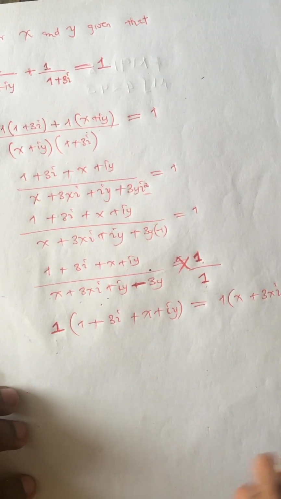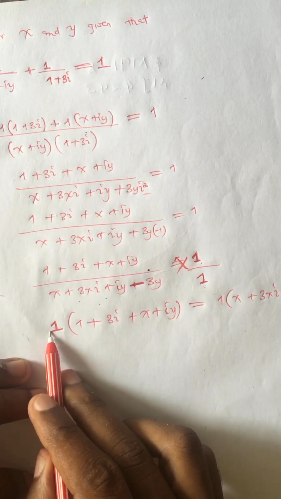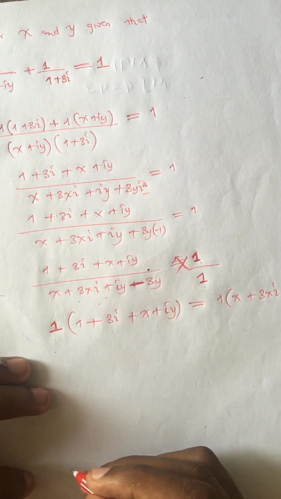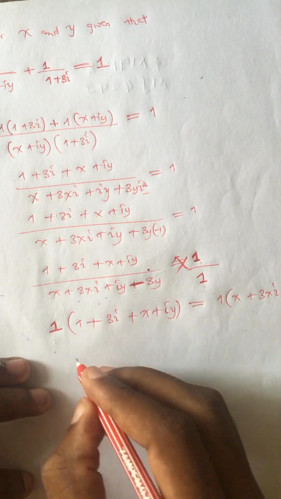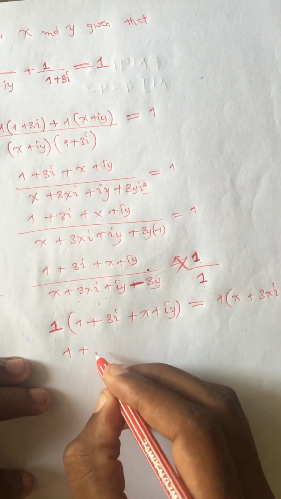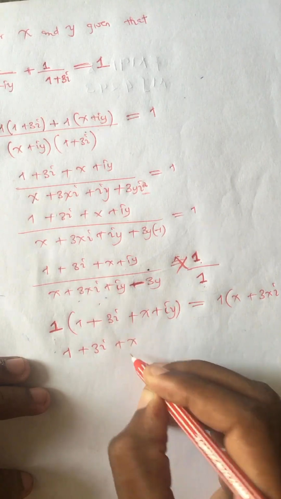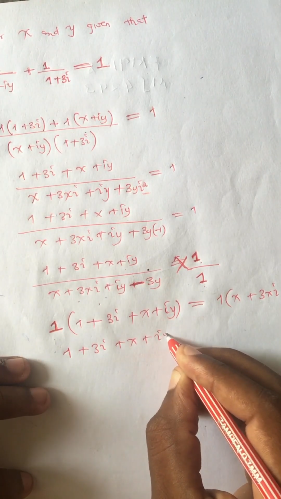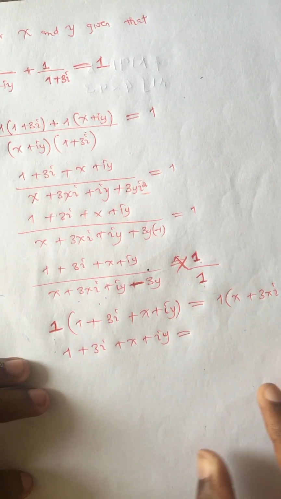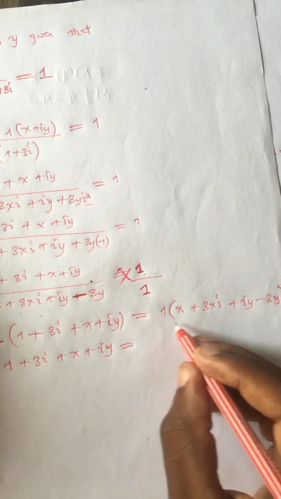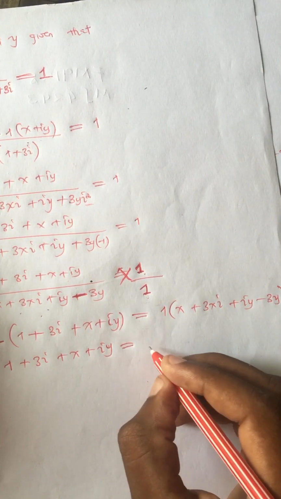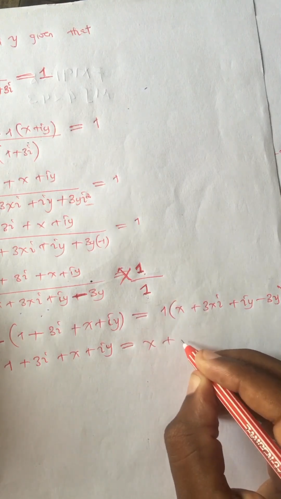Okay, then now you multiply 1 with the entire of what's in the bracket, you just get the same stuff, plus 3i plus x plus iy, which will be equal to, same applies to this. If you multiply it with 1, what's in the bracket, nothing will change.